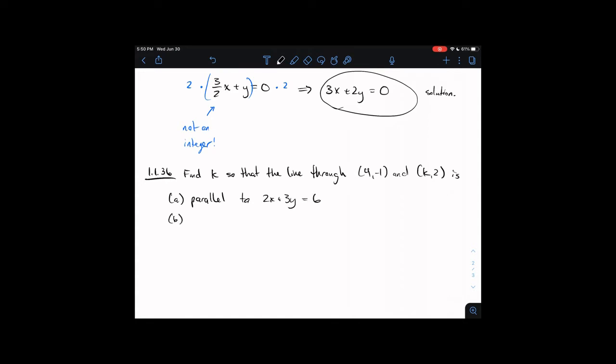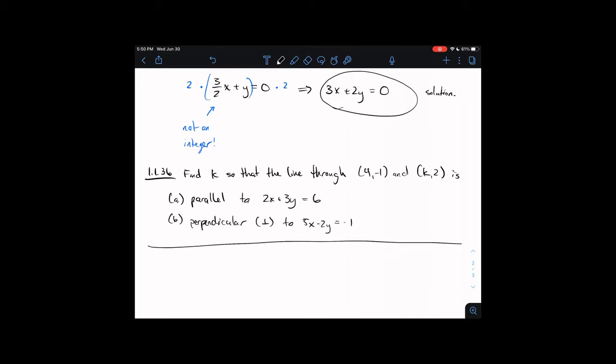And then we want to find if it's perpendicular. Sometimes I'll write this, that's the symbol for perpendicular, to 5x minus 2y equals -1.